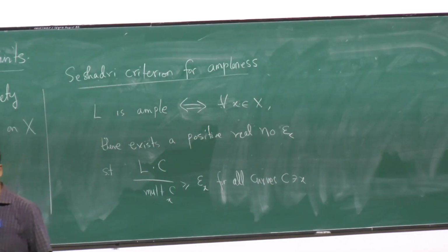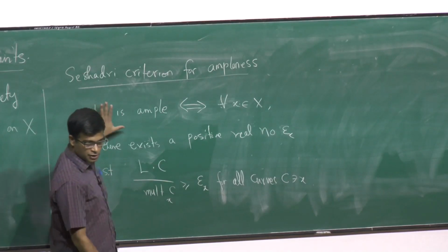So the ampleness can be deduced from this statement. That's the Seshadri criterion.